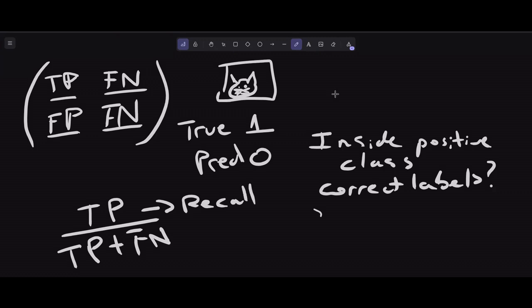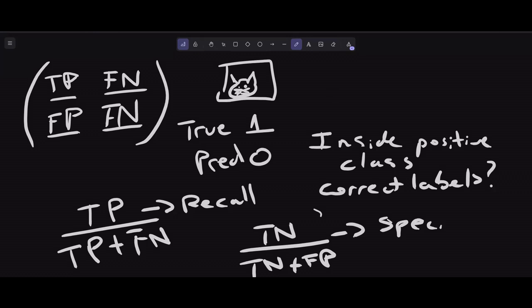And again, this is a very important metric that's going to show up all of the time. And as we saw with the precision, this one also has an analog for the negative labels, which is going to be how many of the elements labeled as negative were actually negative. And it's going to be kind of the inverse of this one. Not the actual mathematical inverse, but it's kind of analogous. And so this one is going to be called specificity.